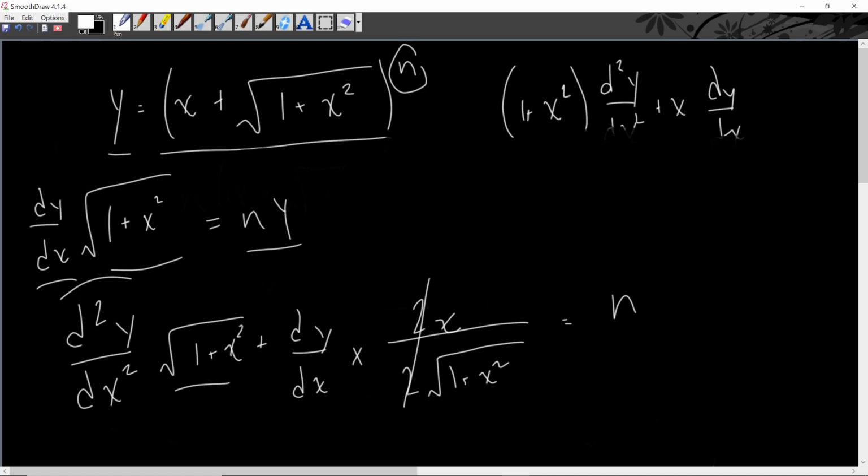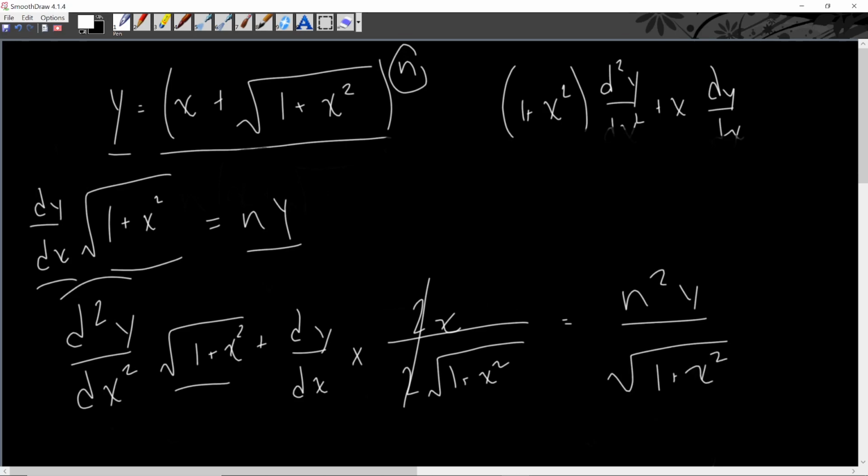So this is going to be n times dy/dx. So from here, let's see. We have the same dy/dx up here, so we're going to replug that in. We're going to have n squared times y over 1 plus x squared.